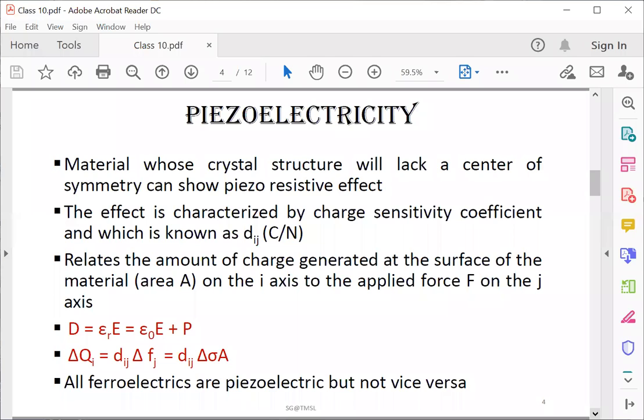The effect which is characterized by the charge sensitivity coefficient, known here as Dij, is in coulomb per Newton, C/N. Now it relates the amount of charge which is generated at the surface of the material, which has area, suppose A, on the I-axis to the applied force F on the J-axis.